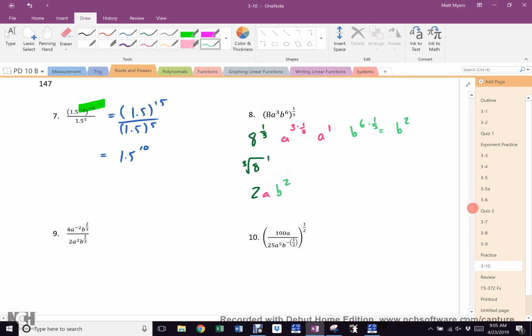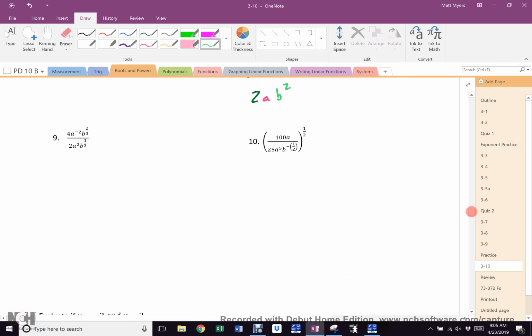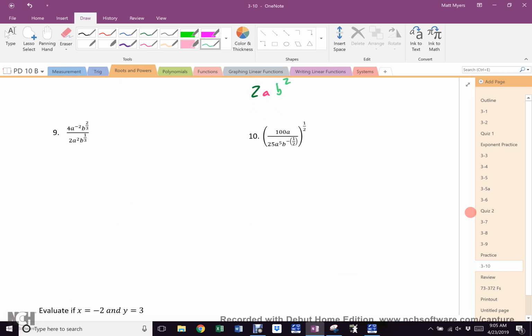Now, 9 does scare you. I don't care what you say. 9 scares you. It does. It scares a couple of you. It does, until you break it down. 4 over 2 equals what? 2. A to the negative 2 over a to the positive 2 is what?